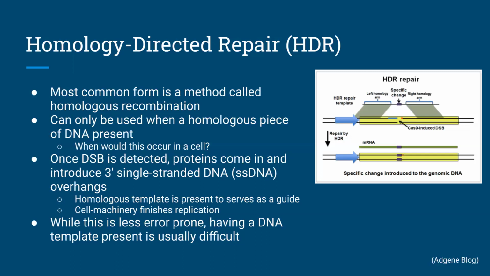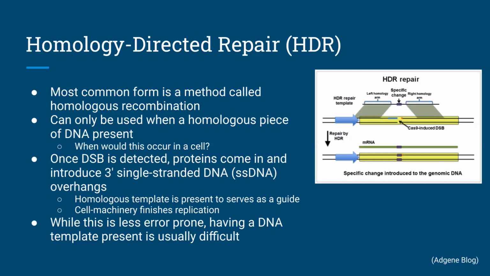Yeah, and so once a double strand break is detected, proteins will come in and introduce a 3' single-stranded DNA overhang. Then it uses that homologous template as a guide, and the normal cell machinery, like the polymerases and all the complexes of proteins, will just finish off from that overhang based on that homologous template. This is great compared to non-homologous end joining, which we'll talk about in a sec.